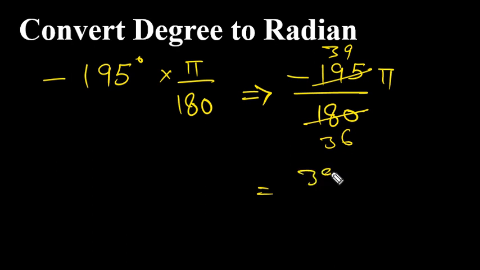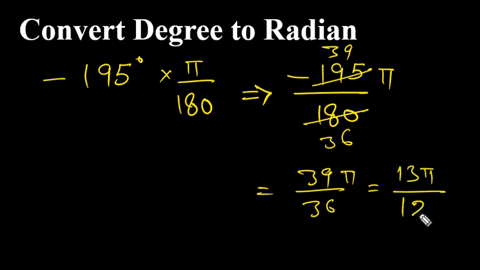So this is 39 over 36 pi. Now I can see here 3 is again a common factor. So 39 divided by 3 will give you 13, and 36 divided by 3 will give you 12. So 13 pi over 12 will be your final simplified expression.